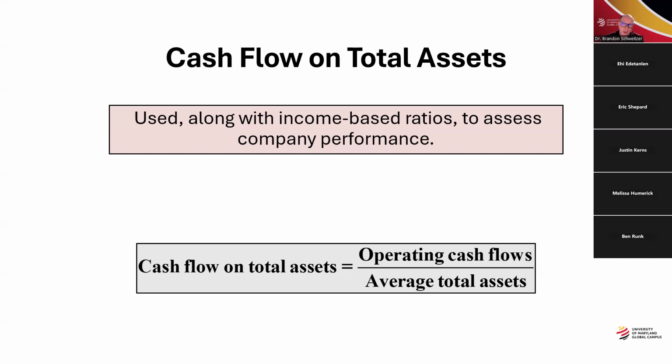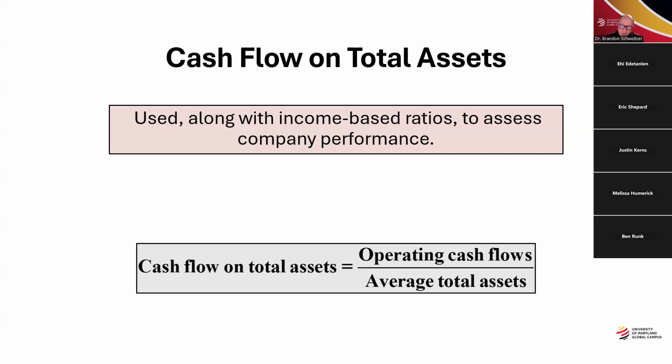This cash flow on total assets ratio is such a measure. The ratio measures the actual cash flows and it's not affected by accounting recognition and measurement. It helps to estimate the amount and timing of cash flows from operating activities. That's why I like it the most.